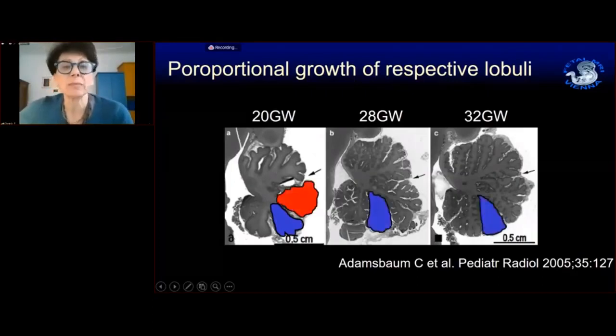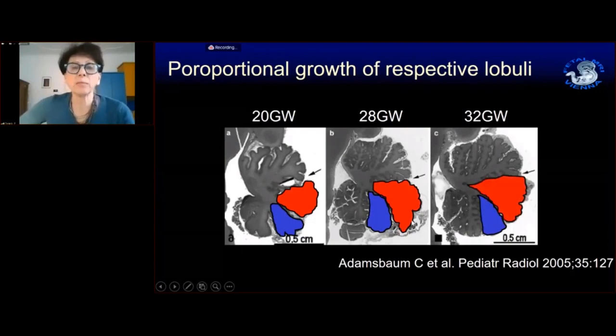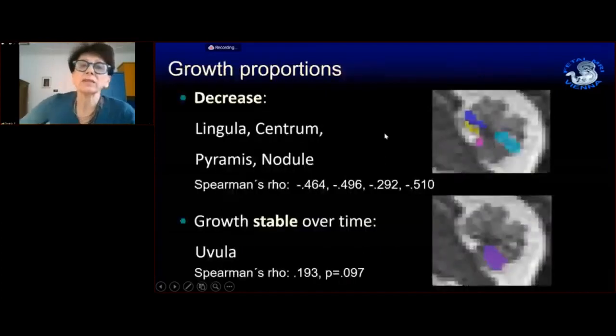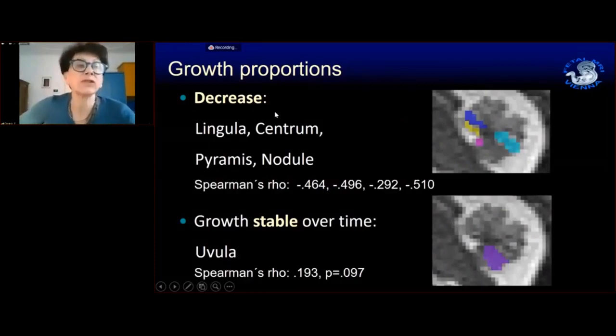So the primary fissure, which is also a landmark, moves upwards during pregnancy. We did that also using MRI, and we found that some parts of the vermis decrease in growth: the lingula, the centralis, the pyramis, and the nodulus. The uvula has a stable growth, and increasing are the FDT complex and the culmen.